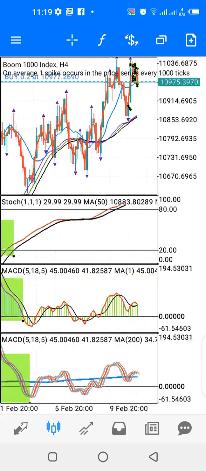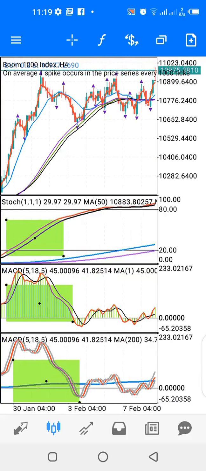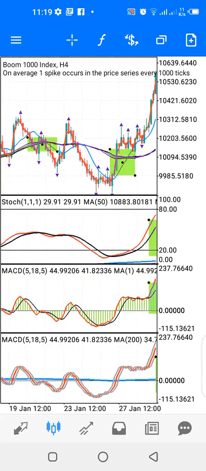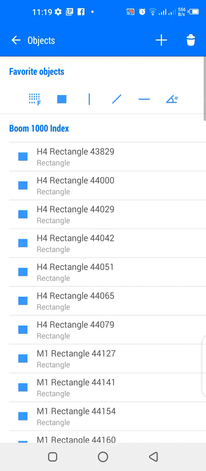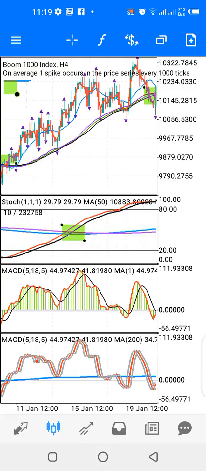Okay, for indicator window 1, when the red and the black line cross above the blue and purple line, that gives us our bullish trend development.